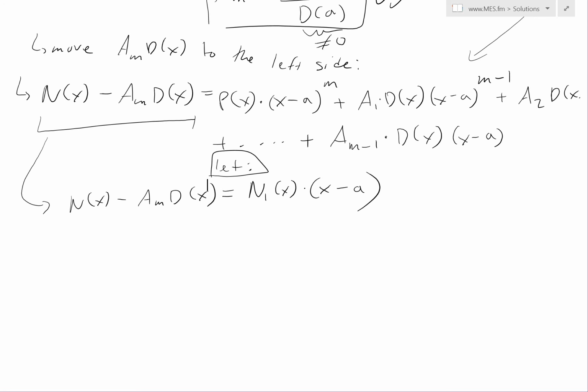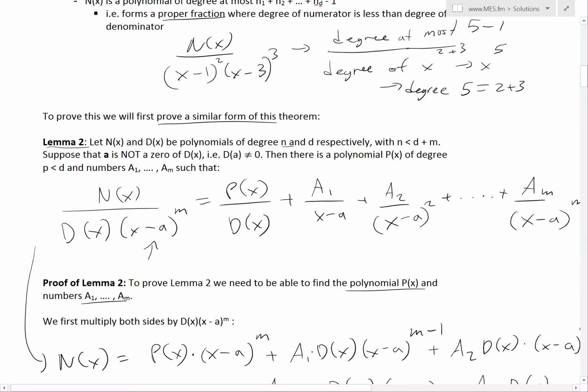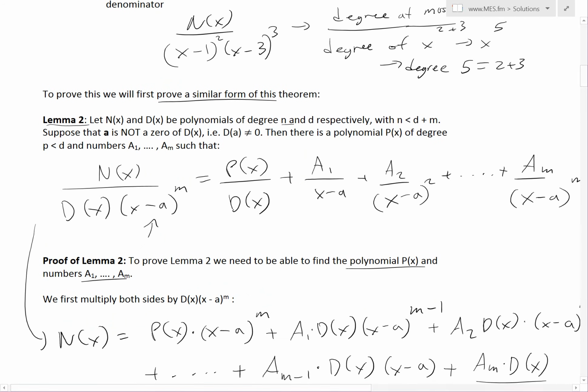So what we're doing is here on this left side, we know that this d of x has a degree of d, and now this n of x has a degree of, let's scroll up to see what the degree is right here. So n of x has a degree of n, where n is less than d plus m.